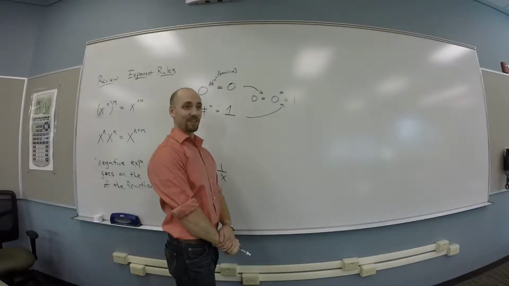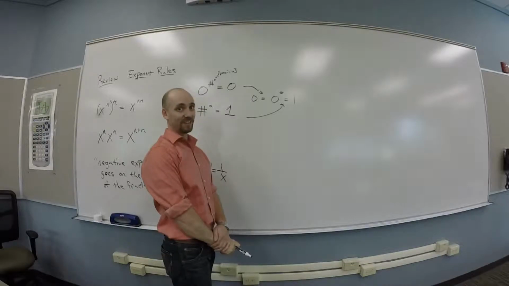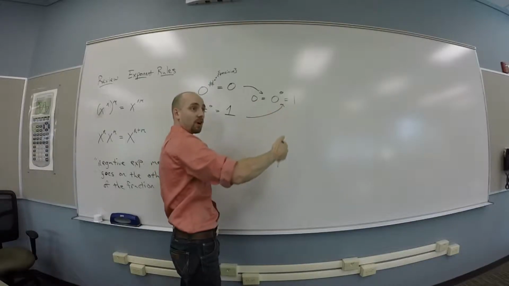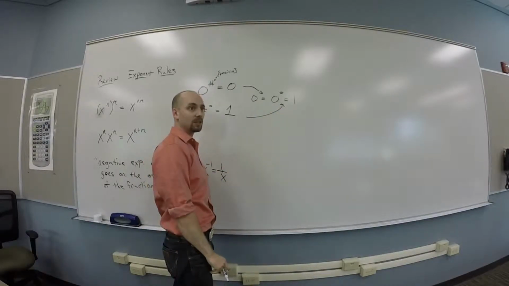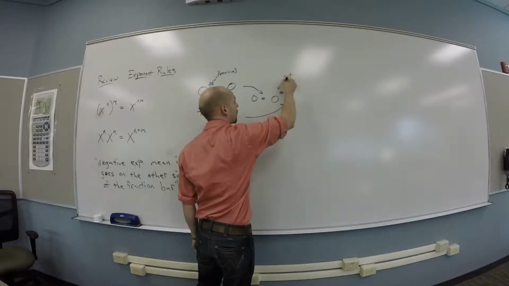This is a good way to twist your head off, to try to write a story about 0 to the 0. I would advise against it because it means that you're trying to represent it as both 0 and 1. It can't be. So this object is not defined.